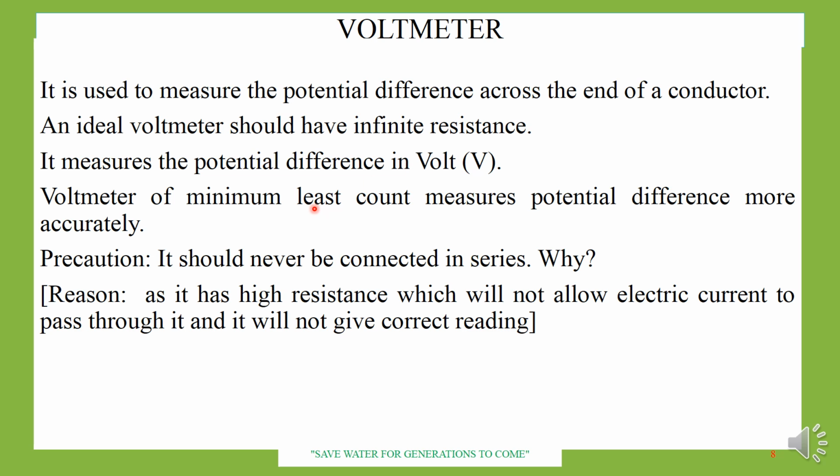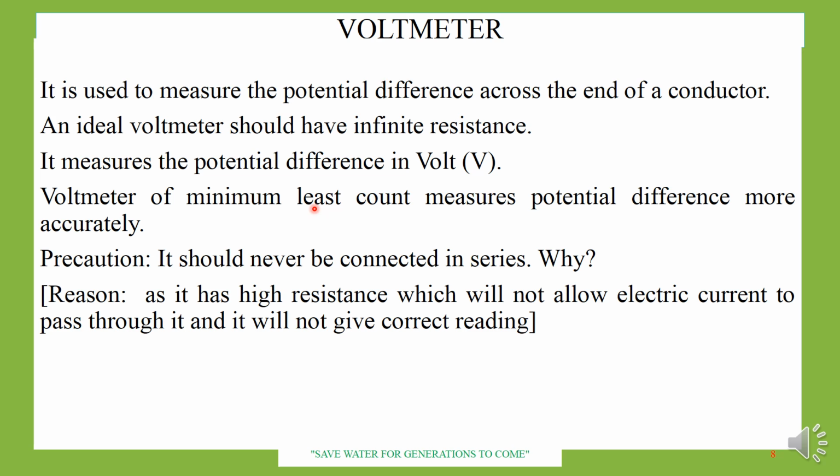We should prefer a voltmeter of minimum least count, which means it can measure a very small potential difference across the ends of the conductor. This will give you accuracy, so we should prefer this voltmeter with minimum least count.